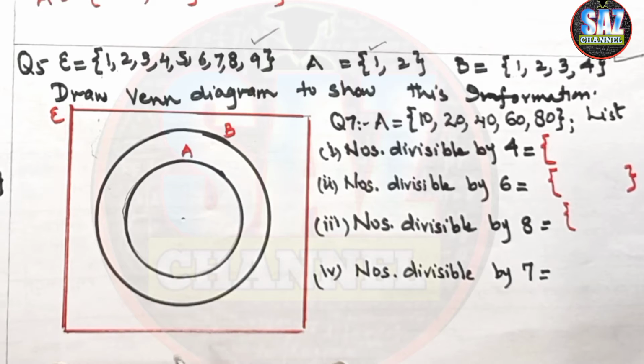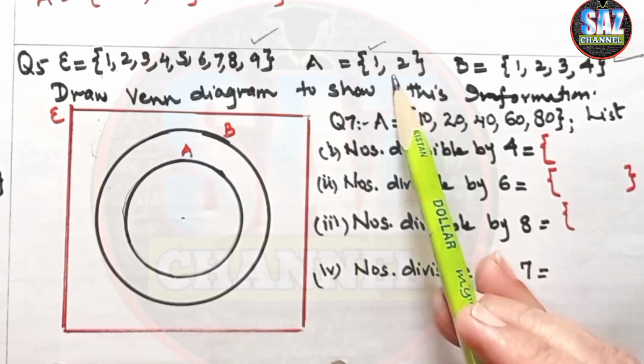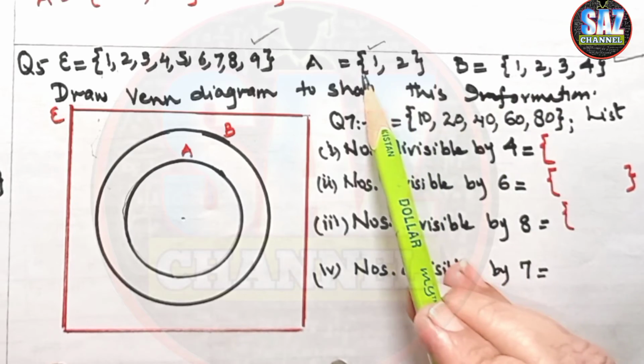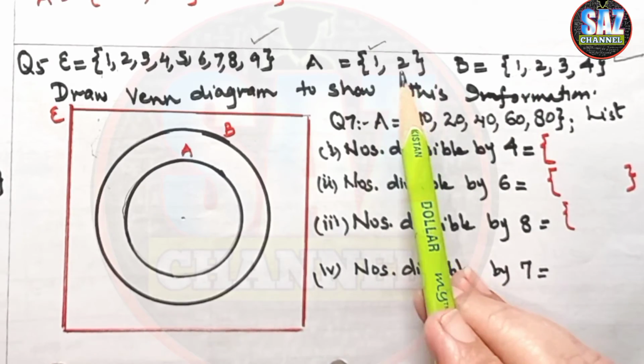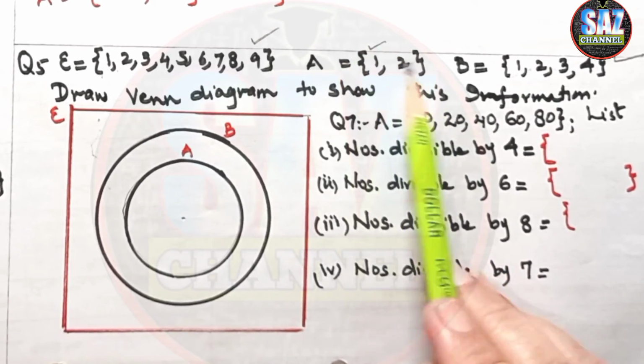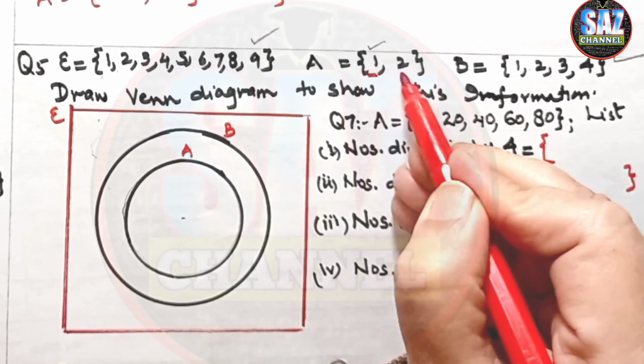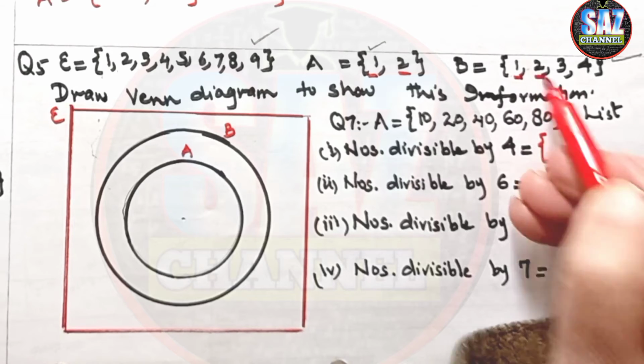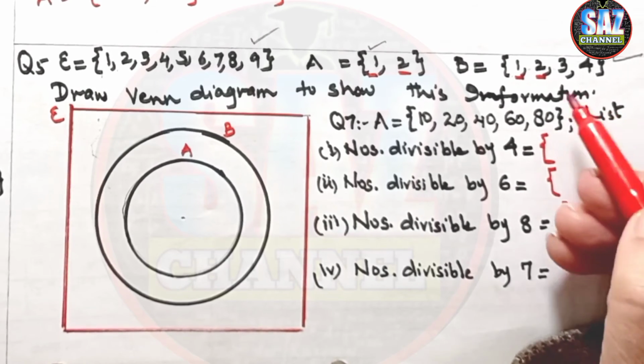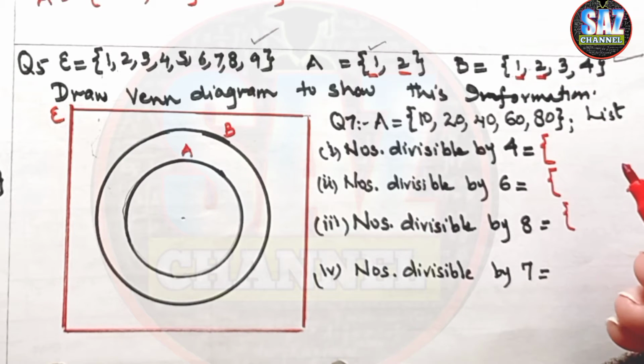Now first of all, before going to the drawing of Venn diagram, we have to see what is the relationship between these two sets. If you look at set A, 1 and 2, it is completely contained in set B, and set B is having some more elements as well.